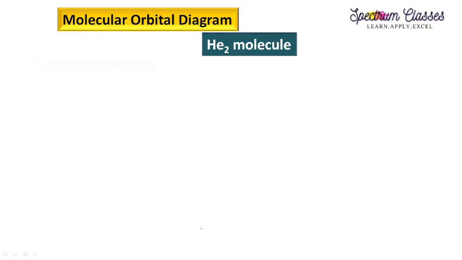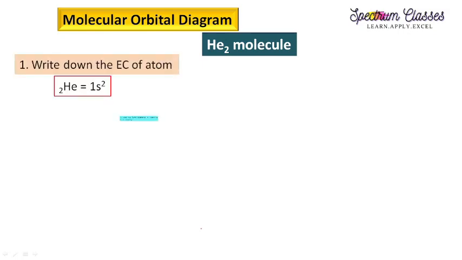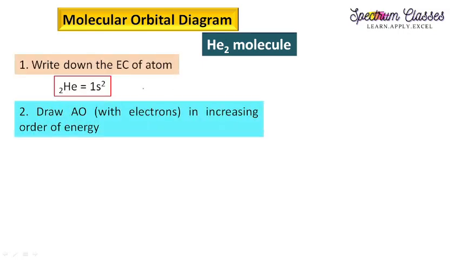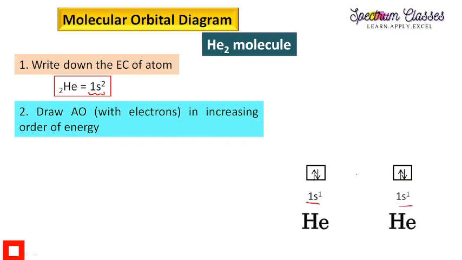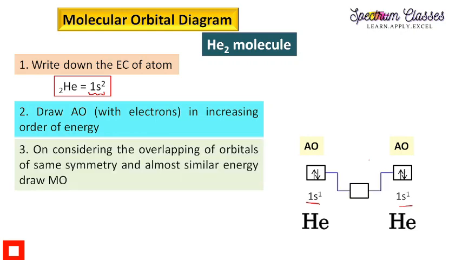Formation of helium molecule. First you need to write down its electronic configuration. It has two electrons, so 1s2. Now draw the atomic orbitals in their increasing order of energy. Since we have only a 1s orbital, the 1s orbital is drawn like this. And then we have overlapping of these orbitals to form molecular orbitals.